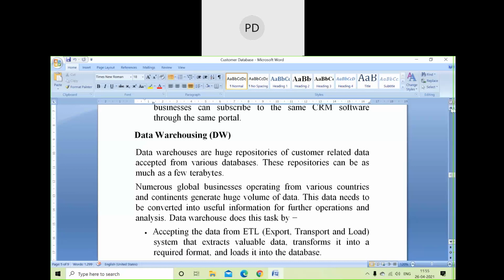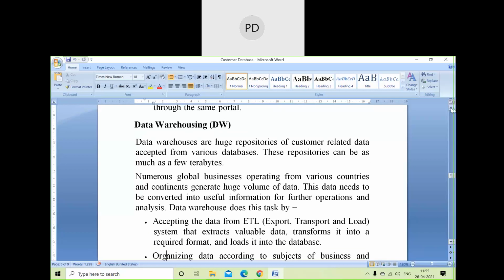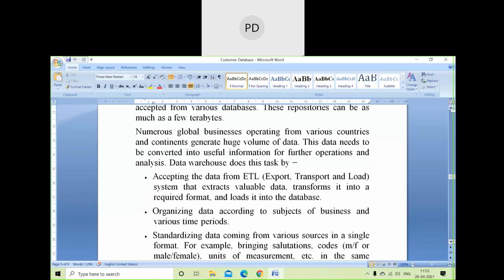So how does this data warehouse actually work? It does its task by accepting the data, that means extracting, transporting and loading the data. Whenever there is a need, it shares the data, transports the data, and loads the data from different areas.